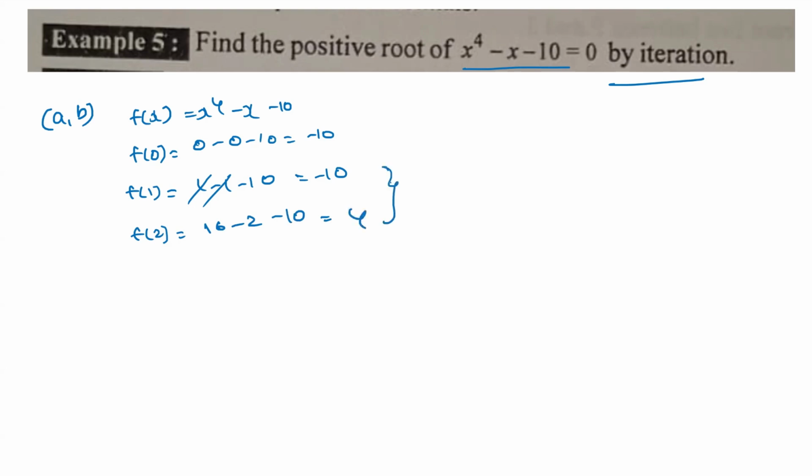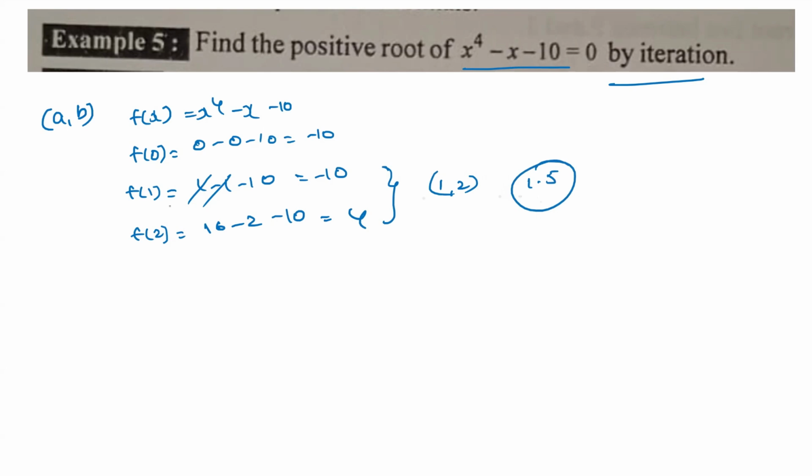So these two are adjacent negative and positive values. We need to consider this as the interval. The interval is 1 comma 2. Now we take a random value between these two, 1 comma 2. So I am taking 1.5 as the random value.